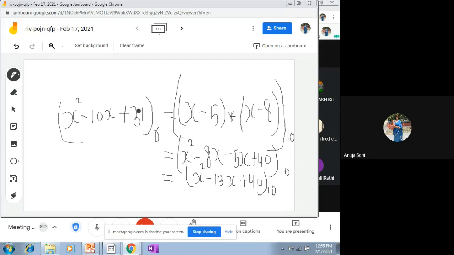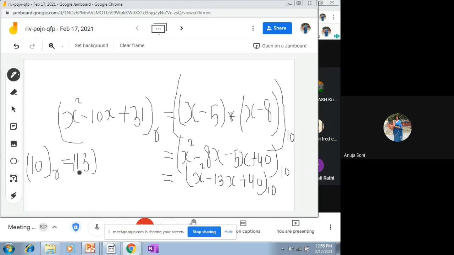Equating the coefficients, we get 10 having a base of r equal to 13 having a base of 10.